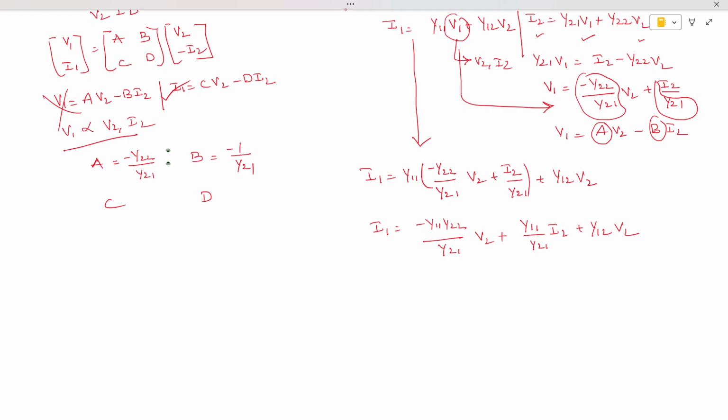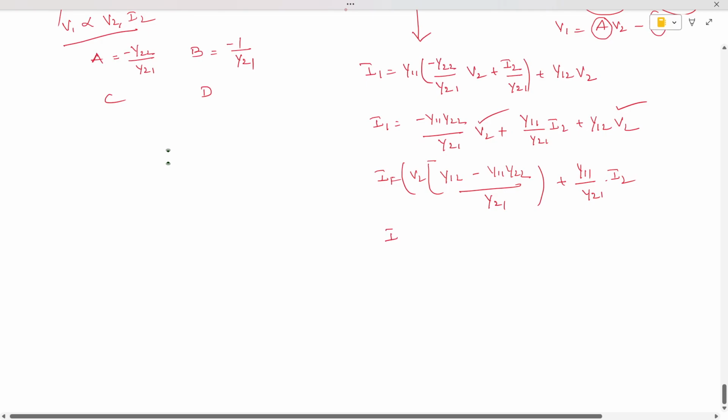In this expression, when you want to express, we require first the V2 terms. So this is the V2 terms. Take V2 as common. When you take V2 as common, then we are going to have Y12 minus Y11 Y22 divided by Y21, plus Y11 divided by Y21 into I2.